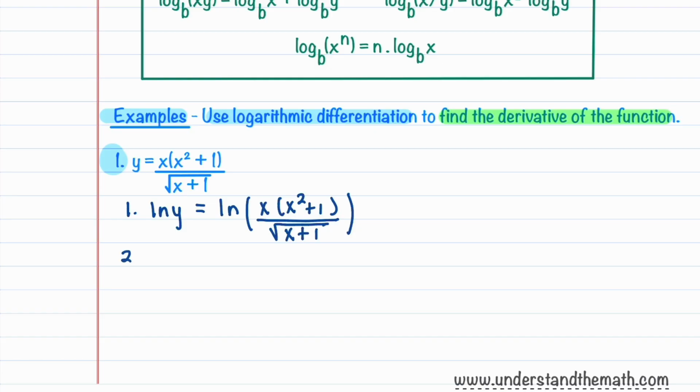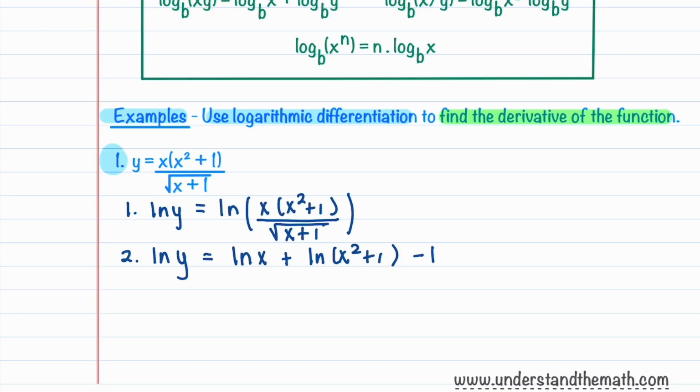Our second step is to work on the right-hand side and simplify that using the laws of logarithms. So our left-hand side stays the same, ln y. The laws of logarithms are going to help us break up our right-hand side. So we're going to write this as ln x plus ln x squared plus 1. You use a plus whenever things are multiplied. And then when things are divided, you use a minus.